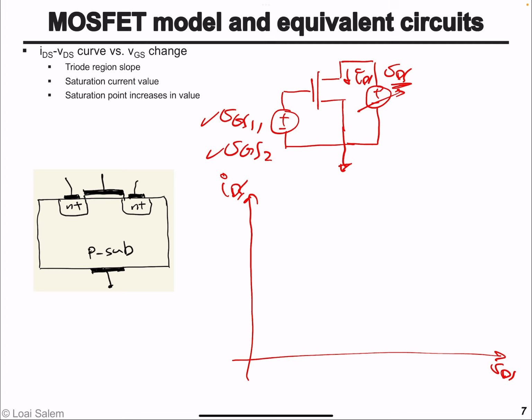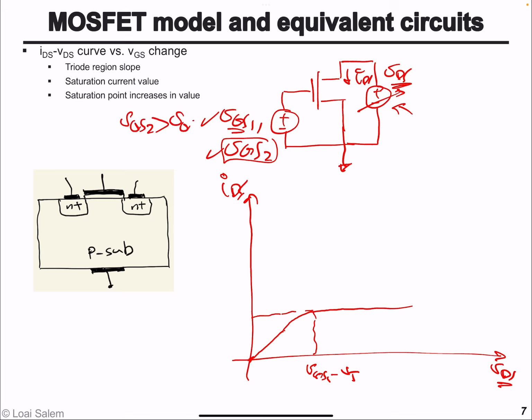So as I mentioned, under VGS1, for example, as we increase the drain to source voltage from 0, the transistor behaves as a resistor and the current increases linearly, but then it starts to curve out and essentially saturates. The current in the transistor saturates, and it will saturate at a value equal to VGS1 minus VT. Now, when we apply VGS2, the same thing will happen, and assume VGS2 is larger than VGS1.